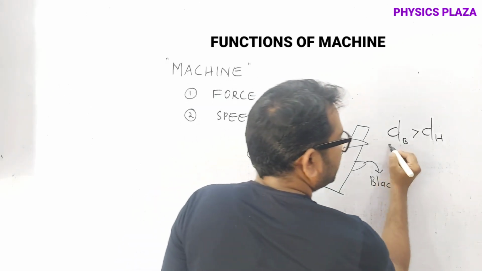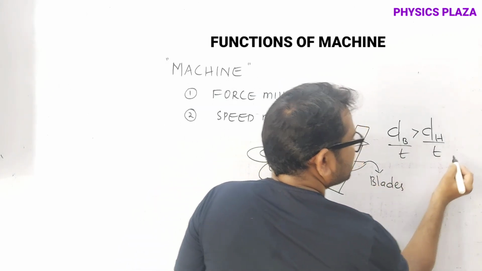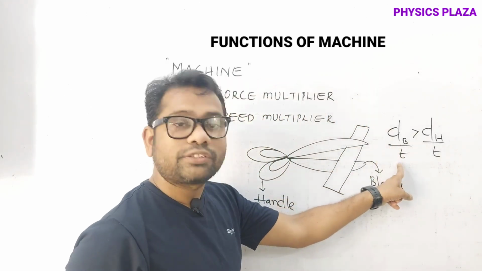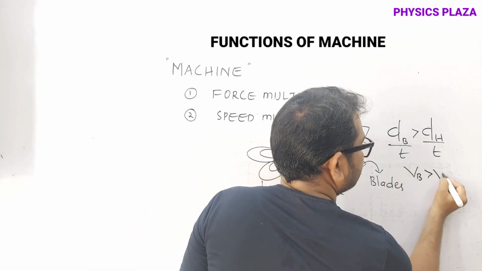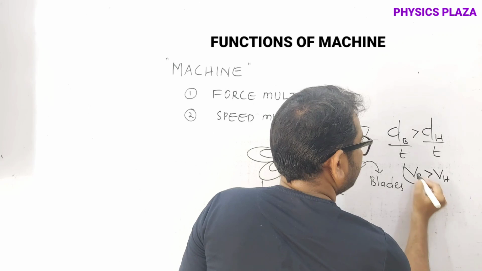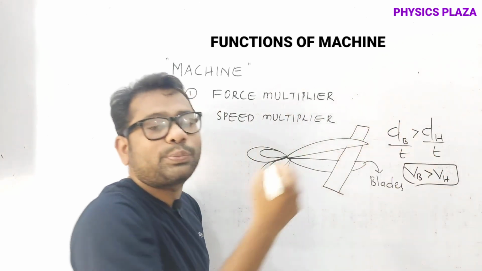Time is the same, so distance by time is actually speed. Which means the speed of the blade is greater than the speed of the handle. Hence there is a gain in speed.